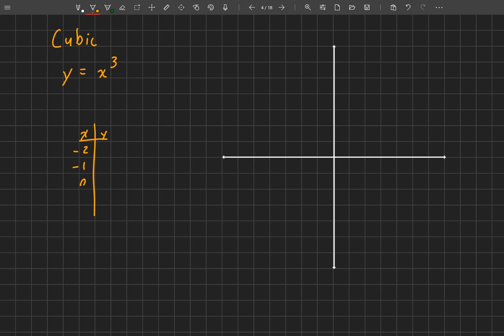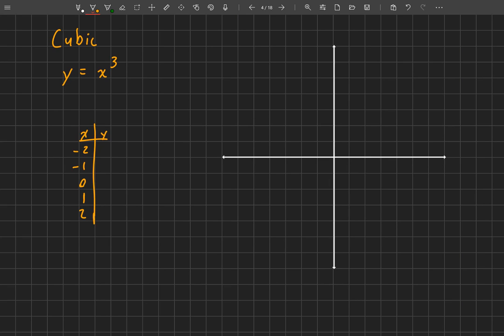Negative 2, negative 1, 0, 1, and 2. Now, if you want to go ahead and fill out the chart yourself and then graph these points, you can go ahead and see what this thing's going to look like. It's a good exercise. If you'd like to do that, pause it, try it on your own, and go ahead and graph this. So even if you don't know how it looks, you can at least get a general idea just by plugging things in, just like I did.